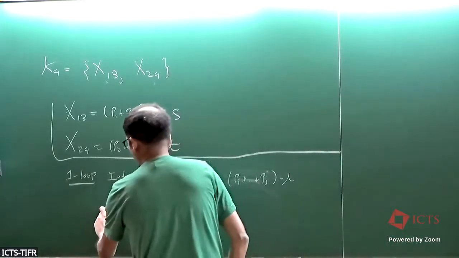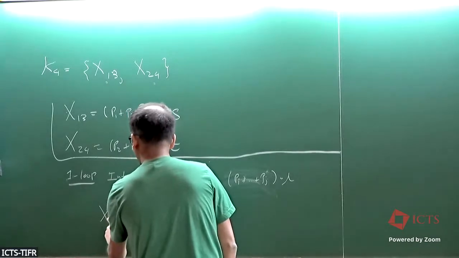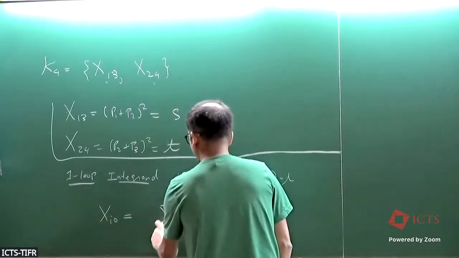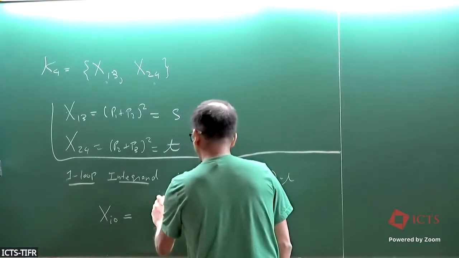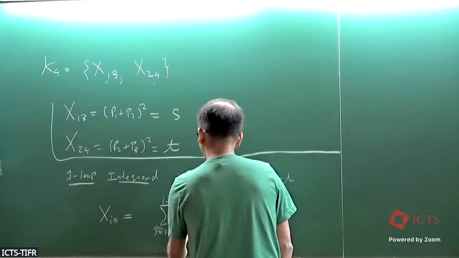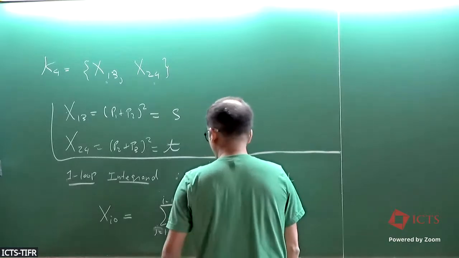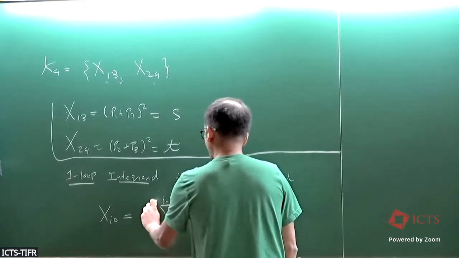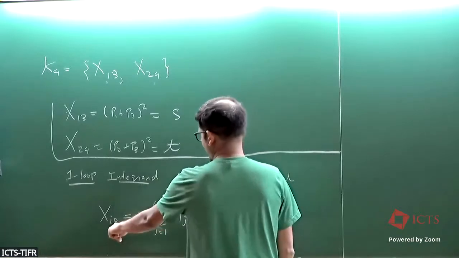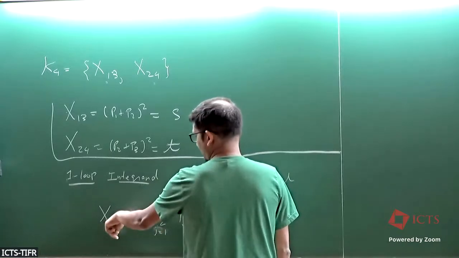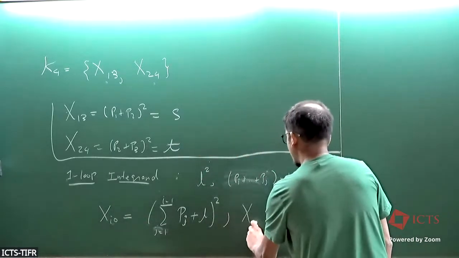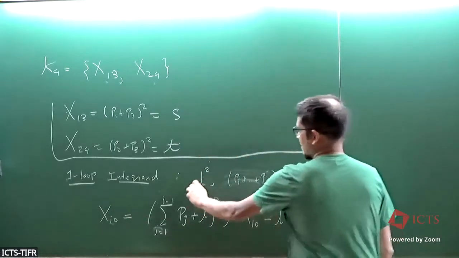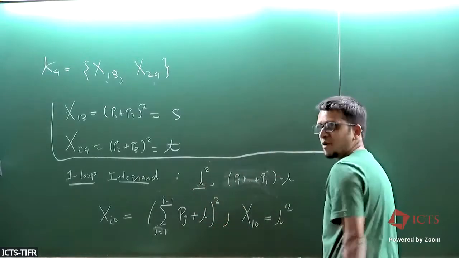We denote it as xi0, and that is the summation j equal to 1 to i minus 1 of (pj plus l) the whole square. And you notice that if you are at i equal to 1, then you get simply l square. So it includes the l propagator in it.